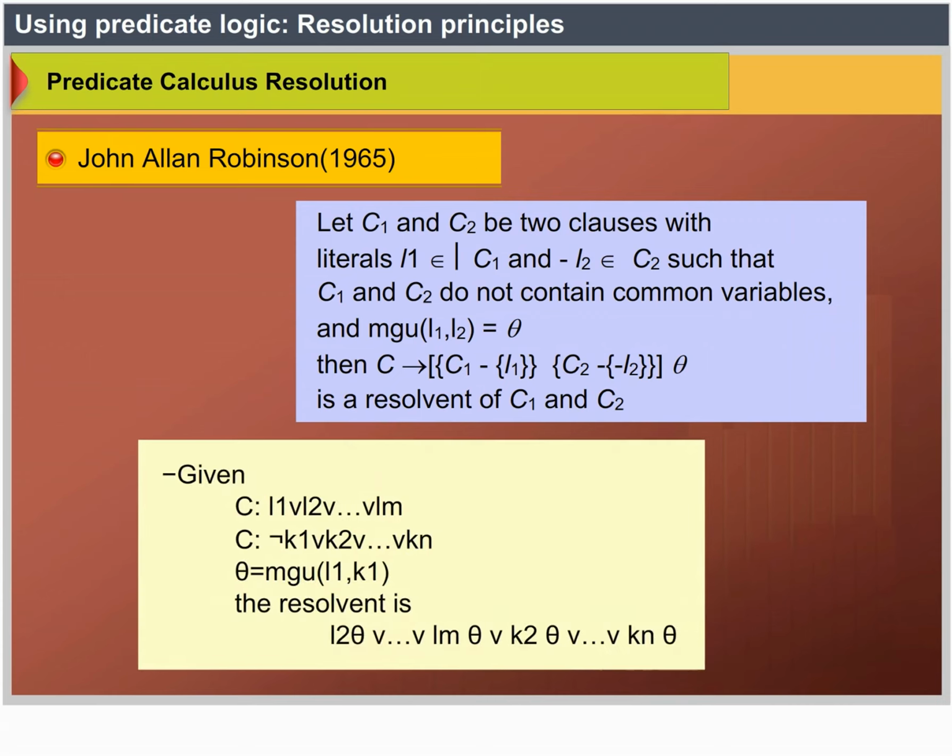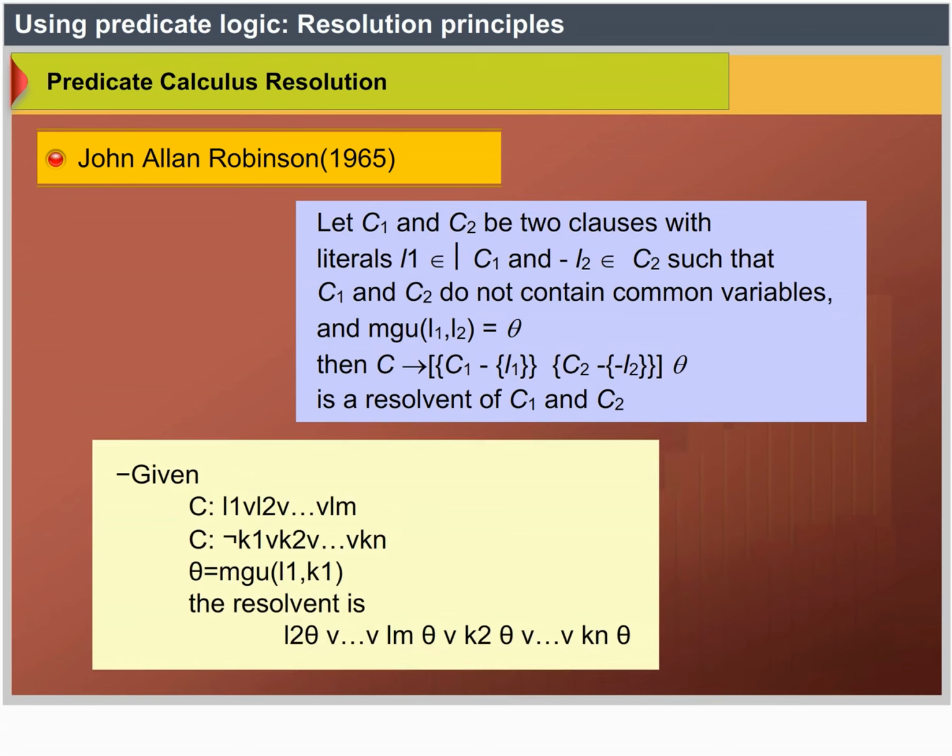Given C1 = L1 or L2 or up to Lm, and C2 = not K1 or K2 or up to Kn, theta is mu of L1, K1. The resolvent is L2 theta or up to Lm theta or K2 theta or up to Kn theta.